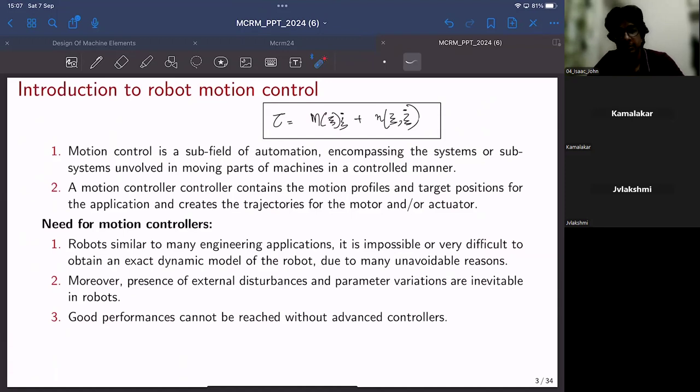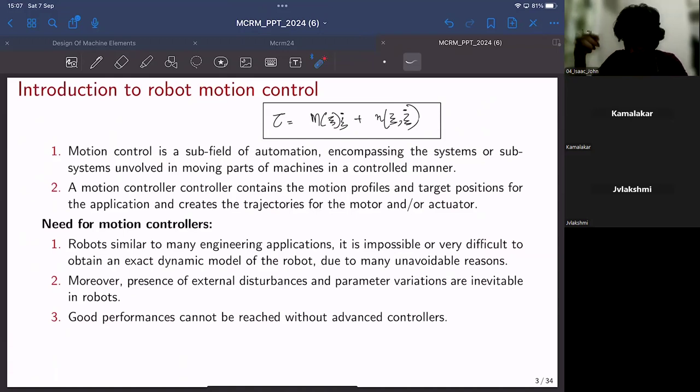And there are some situations where the parameters, which we consider to be constant, change with respect to time. For example, in the case of mass, due to some environmental effects, it can accumulate more mass or lose mass. All these things cannot be taken into consideration while we are modeling.